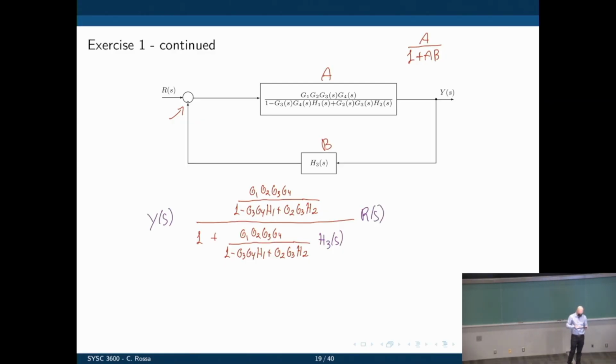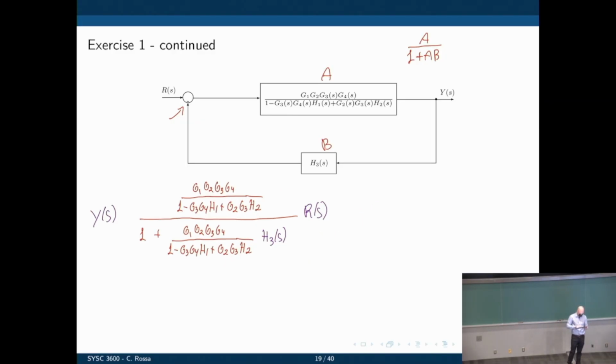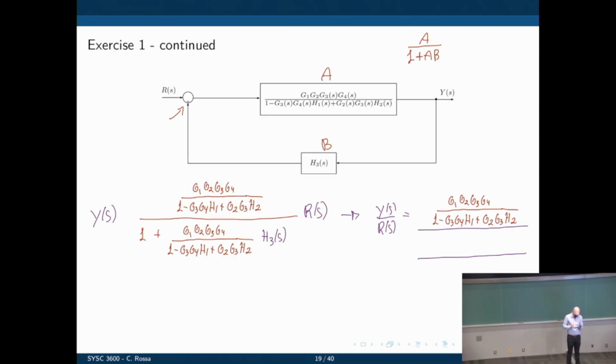Now we have to simplify this mess here. And how we do that, we have to find a common denominator. So let me write Y over R equals the top function here, which doesn't change, but the denominator now has a common denominator, which is 1 minus G3, G4, H1 plus G2, G3, H2.